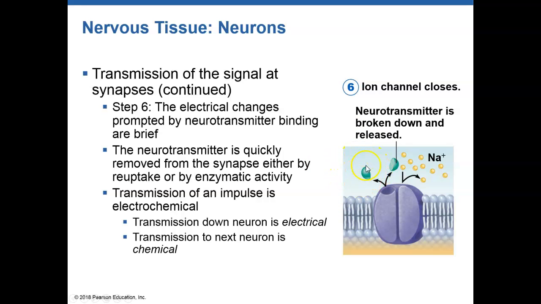So these neurotransmitters bind, and immediately they get broken down. As soon as they're broken down, that sodium channel closes, which is why only if enough neurotransmitter is released will we actually have an action potential occur, because you have to have enough sodium rush in to change that resting membrane potential from -70 all the way to -55.